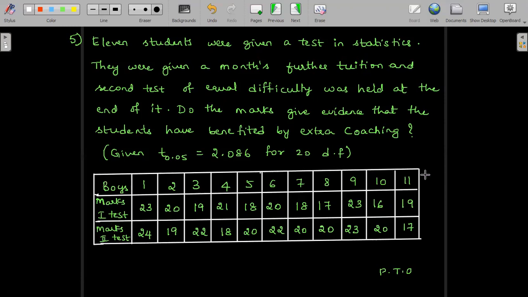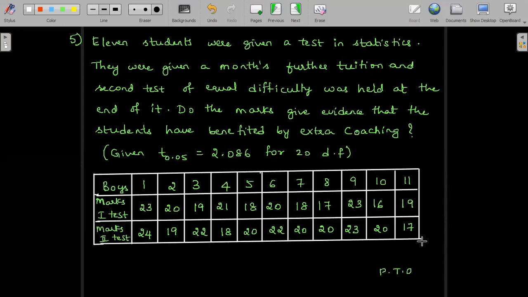Here the 11 boys are considered, boy 1, boy 2, like that, up to boy 11 they have mentioned. And first test marks they have given for each of the boys. And after extra tuition was given for them, another test was conducted whose marks of all those respective 11 boys are also given for us.